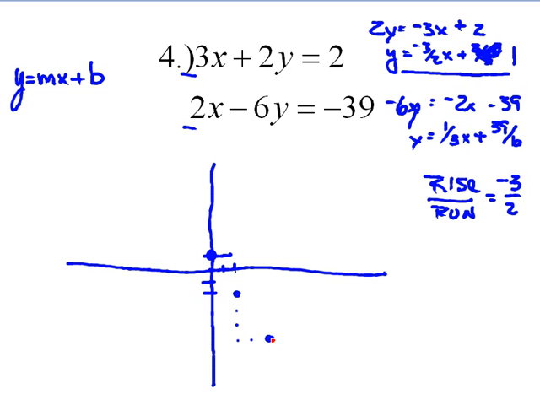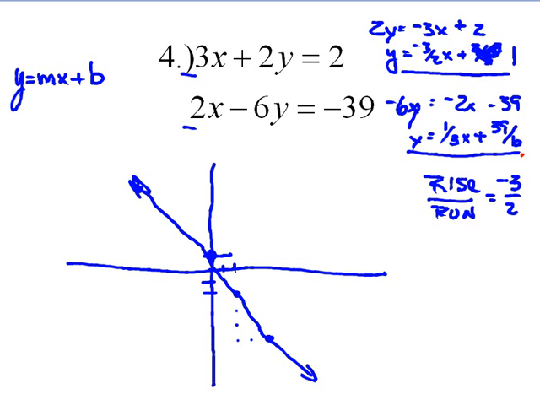That is our next point. Okay, so it's rise over run. In this case, a negative rise. Then we do a hopefully good job of connecting these lines. Okay, that's our first line.